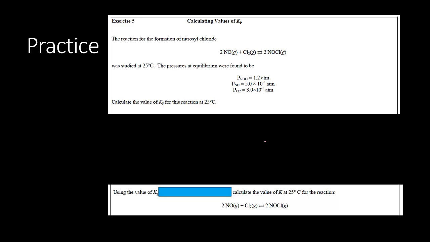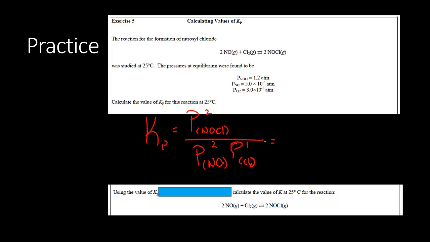Let's practice by doing. So we are given a gas equilibrium. We're asked to find Kp. Kp would be to simply take the partial pressures of our products over the partial pressures of our reactants. So a little bit of plug and chug.